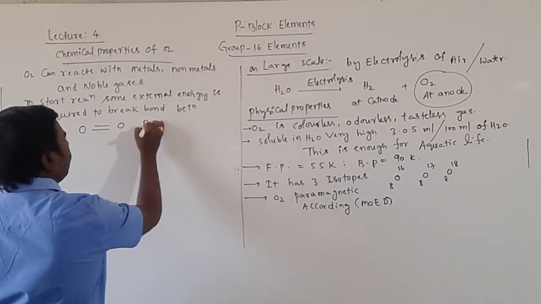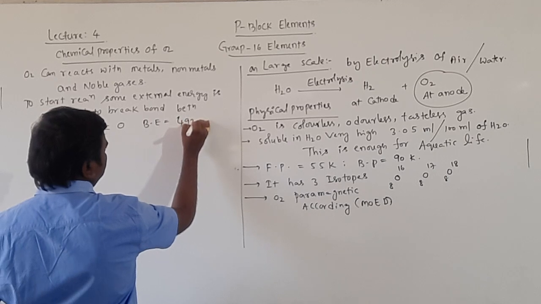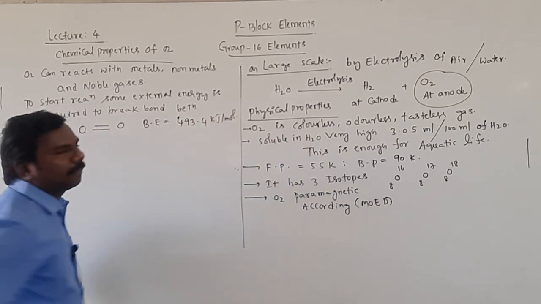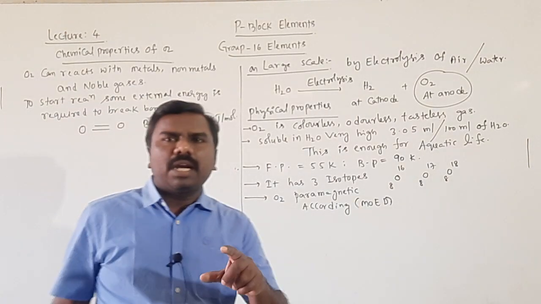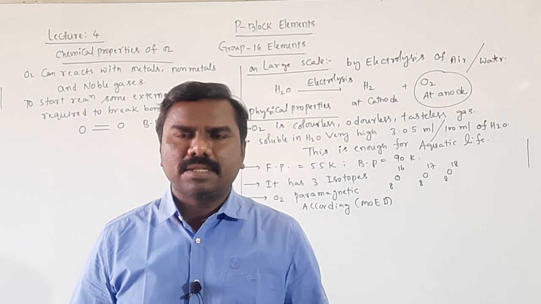This bond enthalpy value is 493.4 kilojoule per mole. When oxygen reacts with any metal, non-metal or noble gas, it forms oxides.